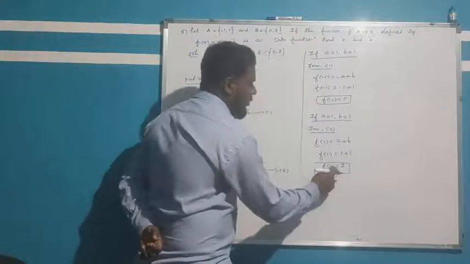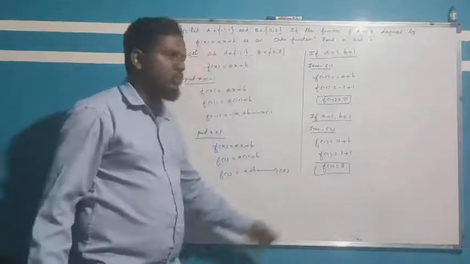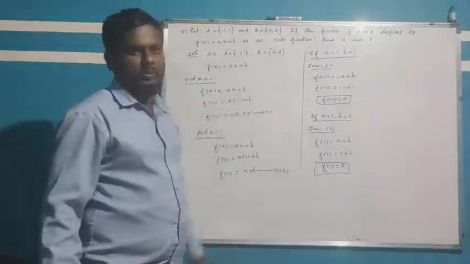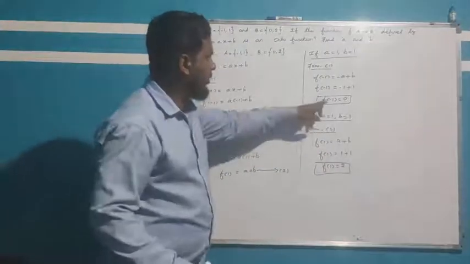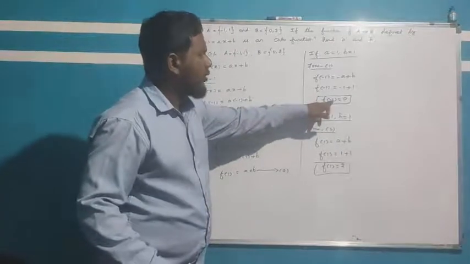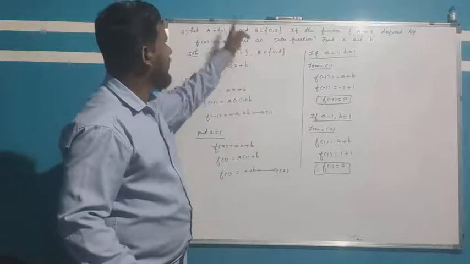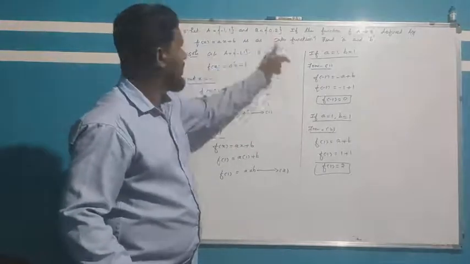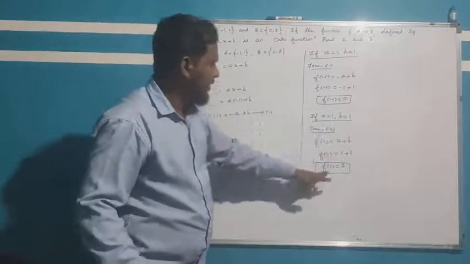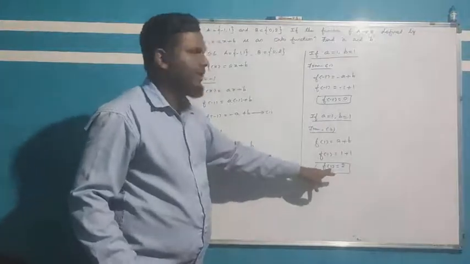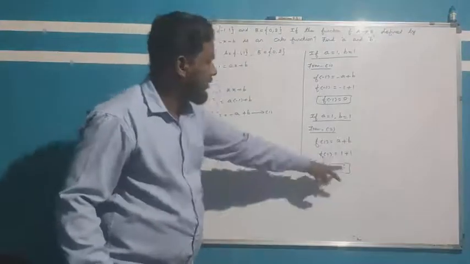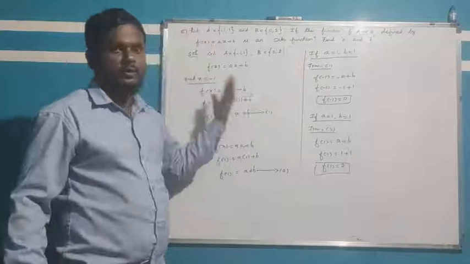If you take domain 1, codomain 2 is obtained. If you take domain -1, codomain 0 is obtained. Domain 1 gives codomain 2.